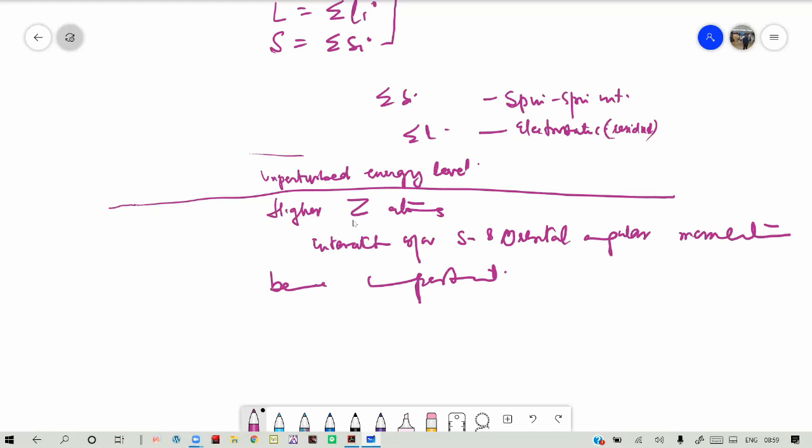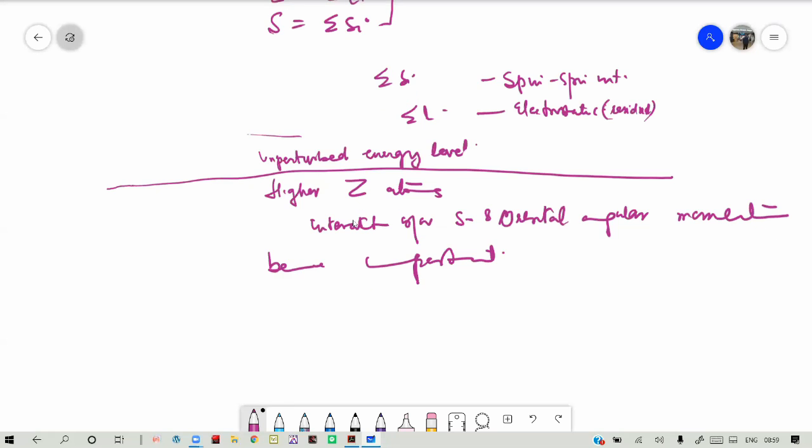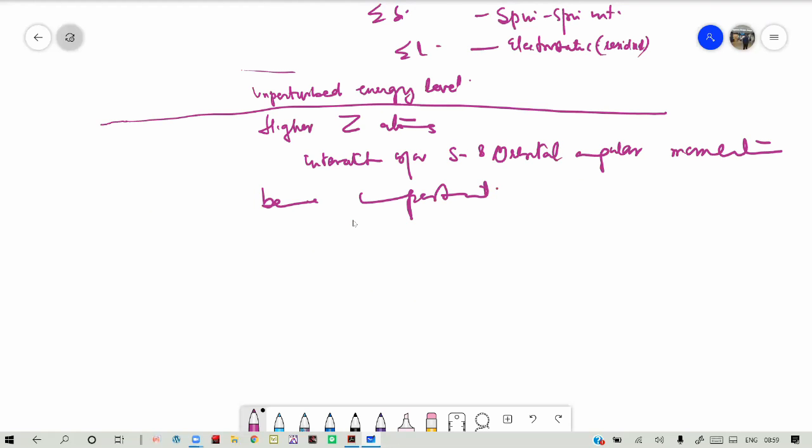They become significant. That is, we have here the coupling between spin and orbital angular momentum.